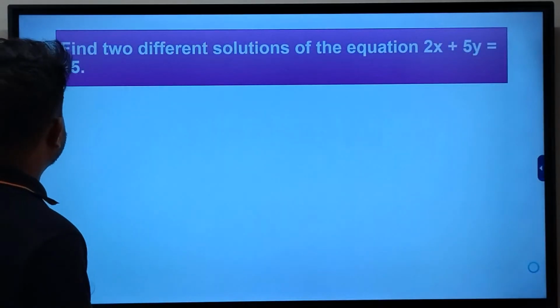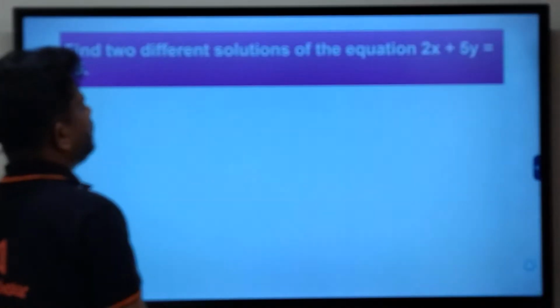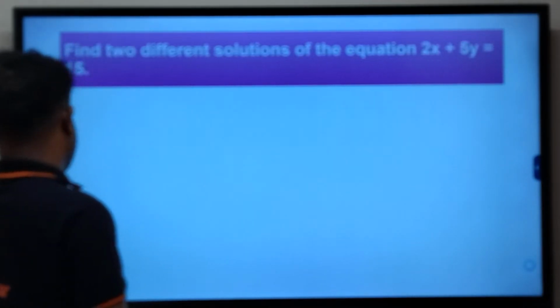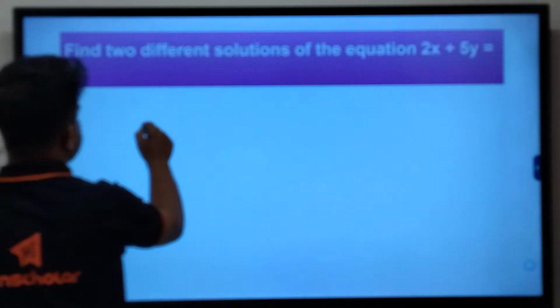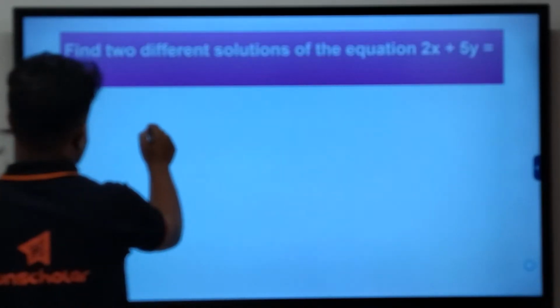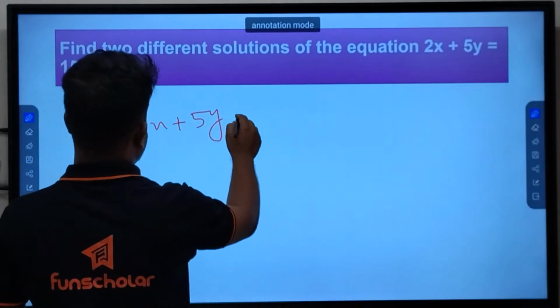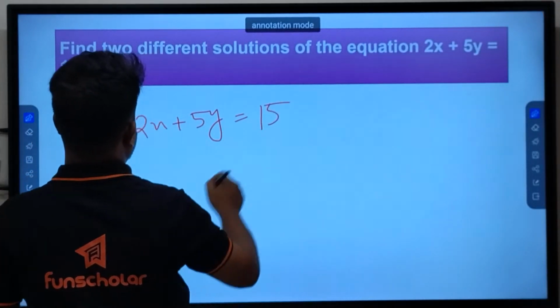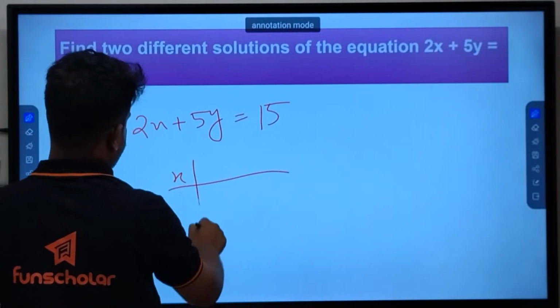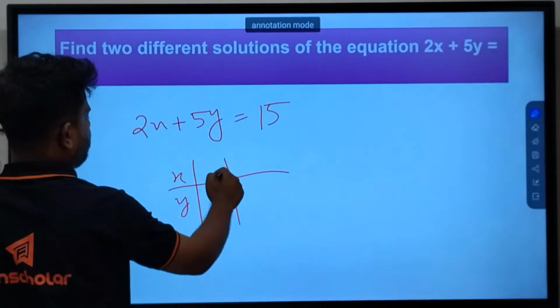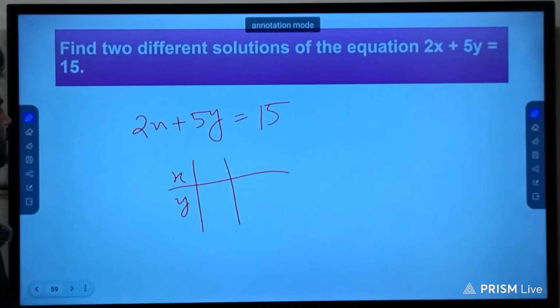Next, let's practice: find two different solutions of the equation 2x plus 5y equals 15. To solve this, you can just put two numbers here.